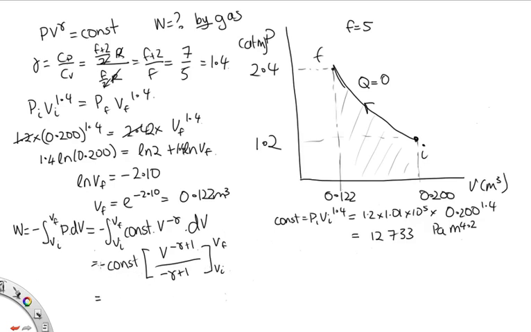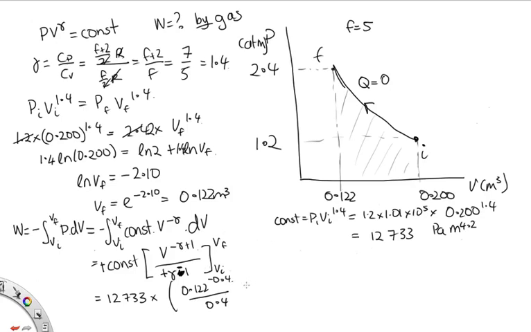Let's get rid of that negative sign, so we can make that positive. This is positive and that's negative then. So we've got 12,733 times, this is V final, which is 0.122 to the 1 minus 1.4, so that's to the minus 0.4 over 1.4 minus 1, so over 0.4.